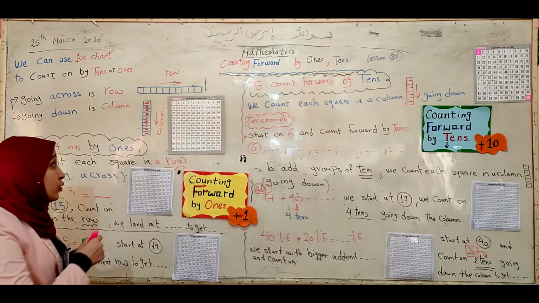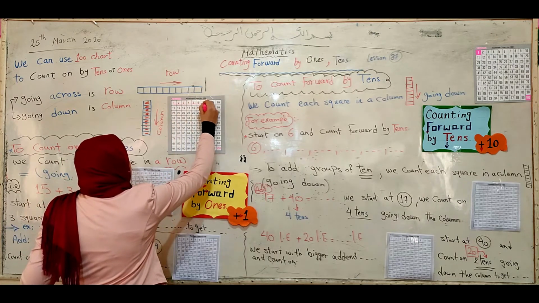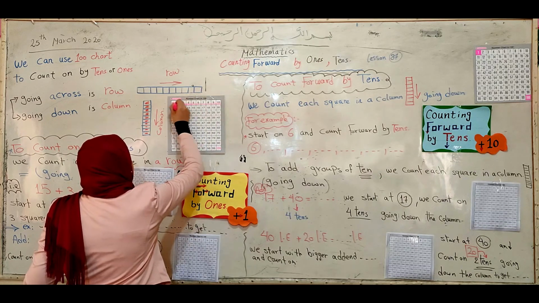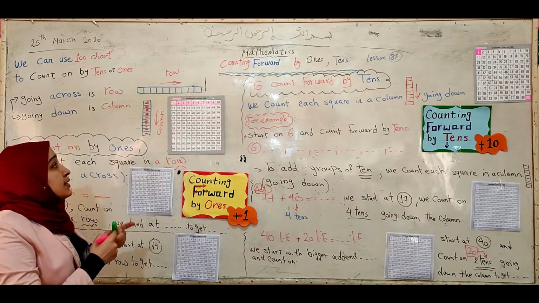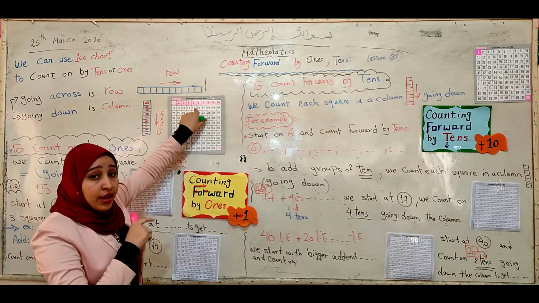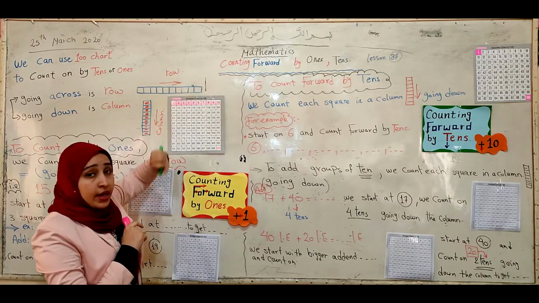If I go across, by this way, if I walk in this direction, I can call it a row. This horizontal line, we call a row, okay?